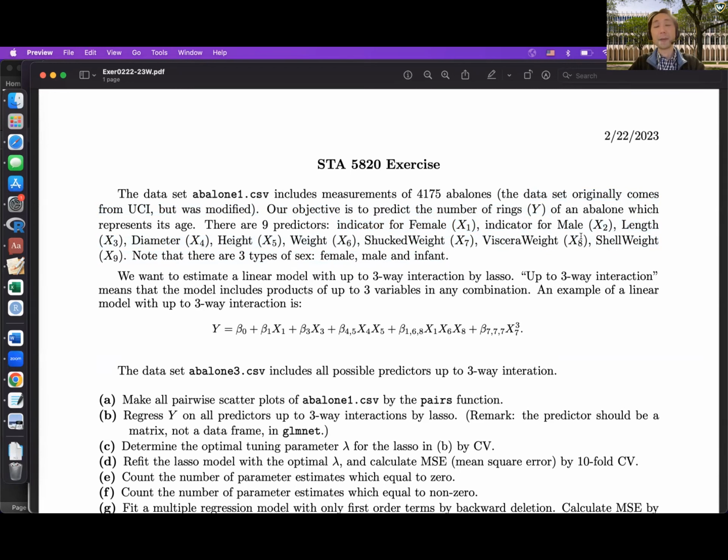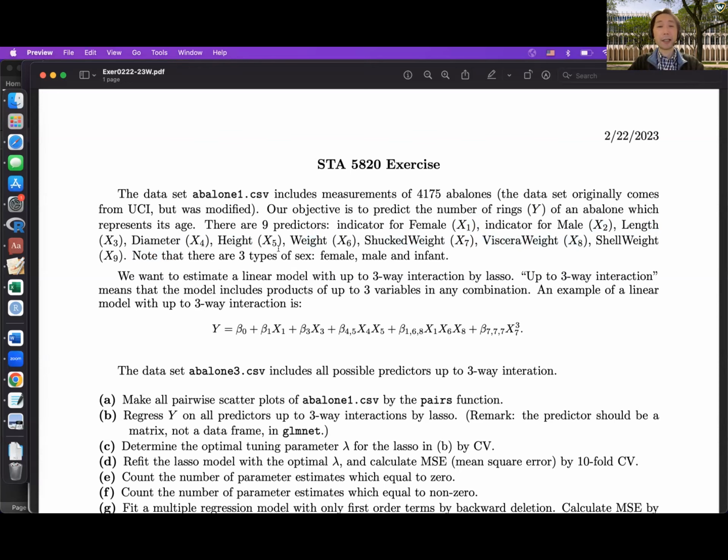So we have 3 sexes. We have an indicator variable for female, an indicator variable for male, and length and diameter, and height and weight, and the shucked weight, the viscera weight, the shell weight, and so on.